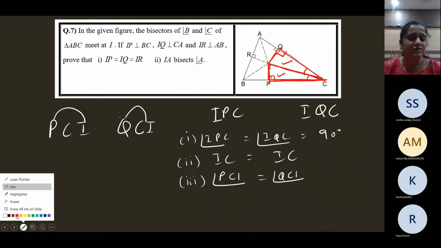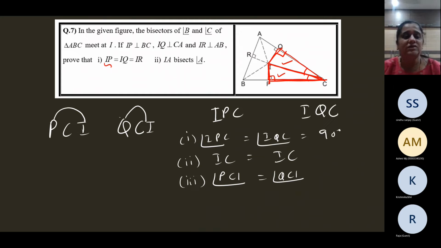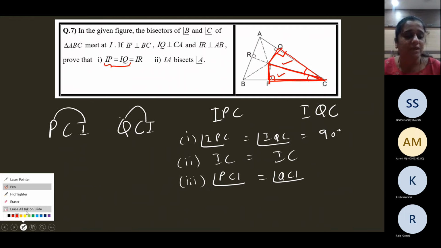IP is equal to IQ. Isn't that easy, children? Everything is given. We did nothing. We are just writing out whatever is given, and then choosing a congruence rule according to the information we have written. Nothing else we have done.